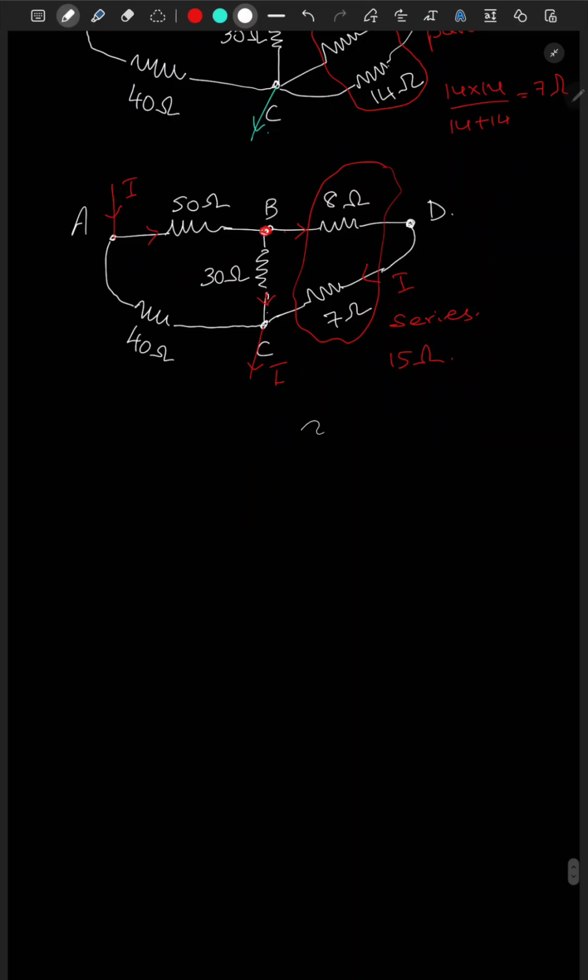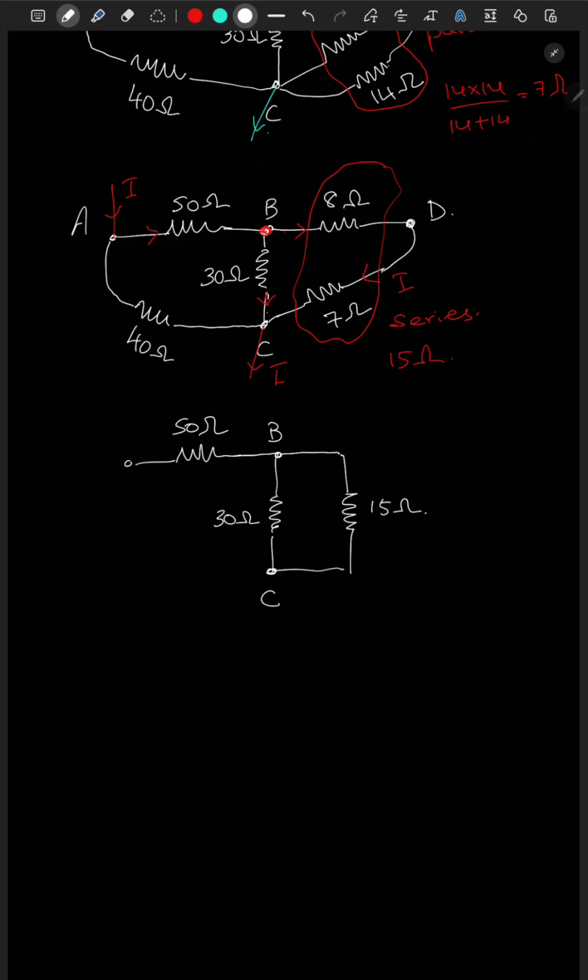We redraw this circuit, can simplify it. So we have 15 ohm, and we have a 30 over here. This is B, this is C. 50, and here is A, and this is 40 ohm.